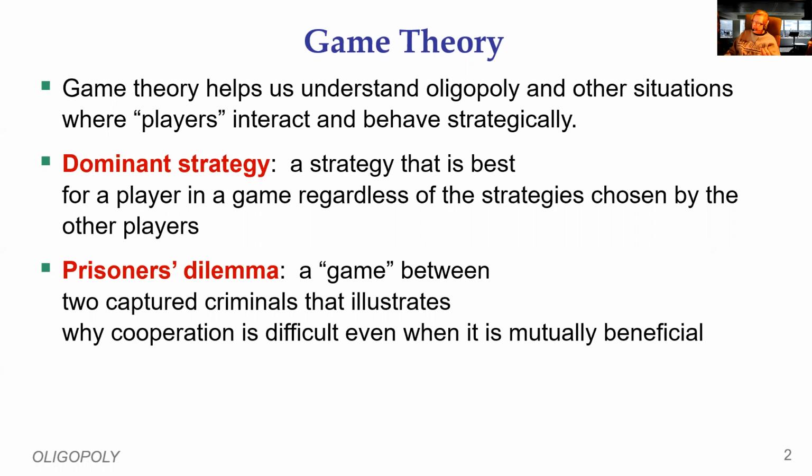If you've ever played a game where you want control of the board, maybe what you do is dependent on what someone else does. Chess is a great example, even checkers to some extent. In a prisoner's dilemma, we set up a game, and then we use the principles of a dominant strategy to come up with the best outcome for each person, regardless of what the other one does.